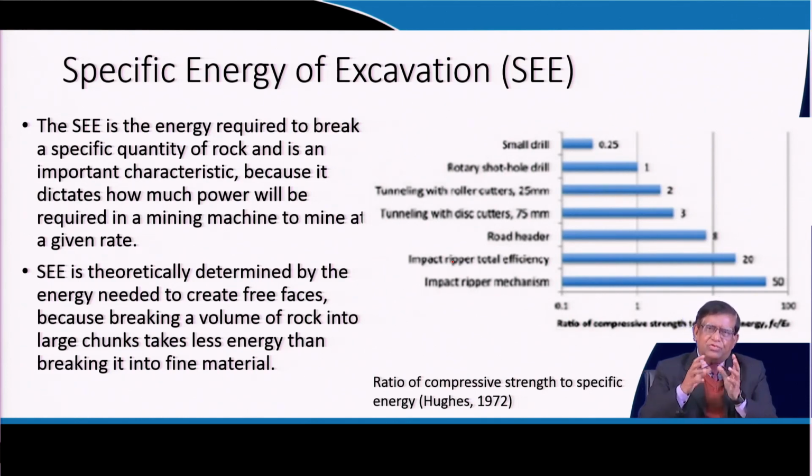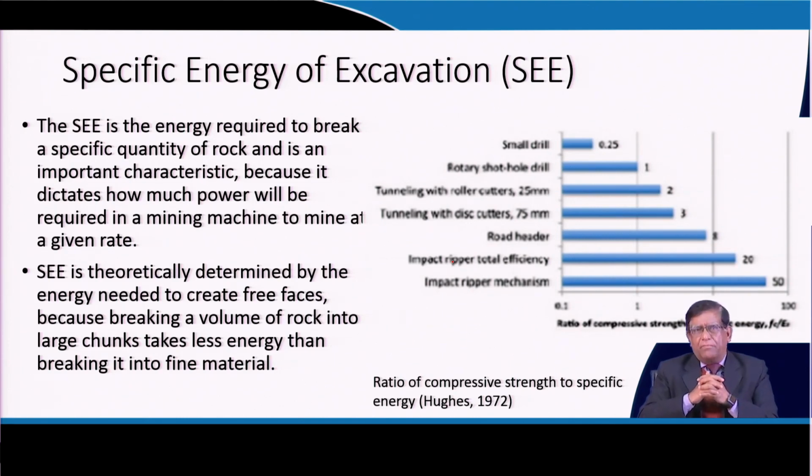So it is not a specific rock property alone; it is the rock's response to a cutting machine and the way the tool is allowed to interact. It is theoretically determined by the energy needed to create free faces in the rock mass. This has been studied for a long time. In the 60s there were a lot of studies, particularly of specific energy for drilling purposes.